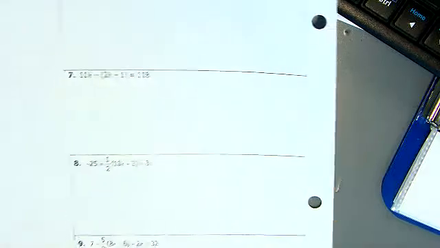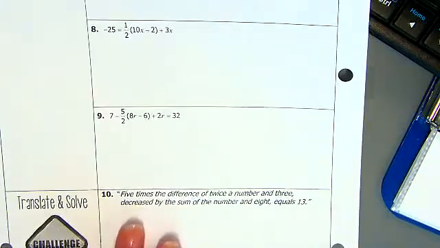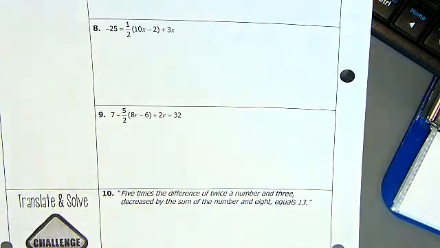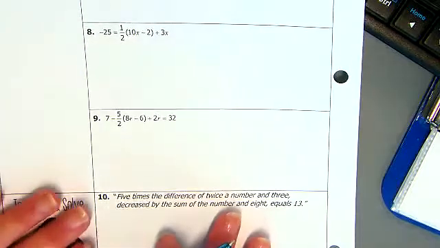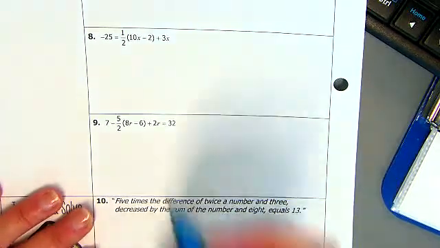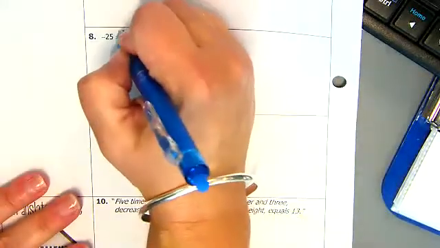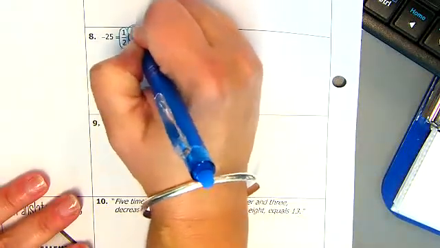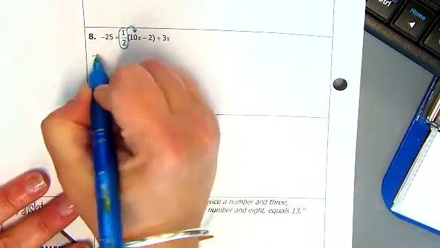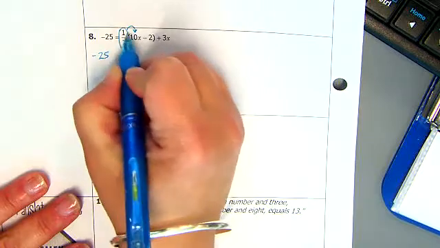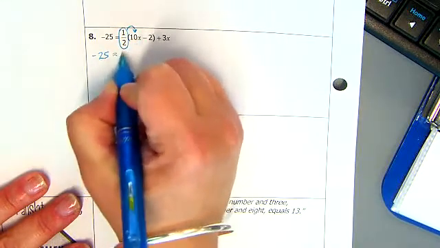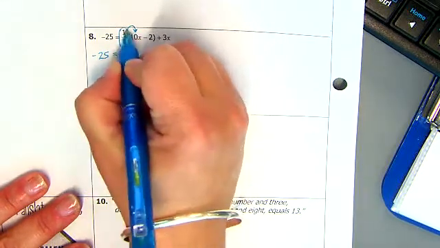Flipping it over, moving on to some other problems on the back now. I'm going to jump down to 8. For number 8, I chose this one obviously because of the fraction. Multiplying this through, going down to negative 25, I have half of 10x, that's going to give me 5x.